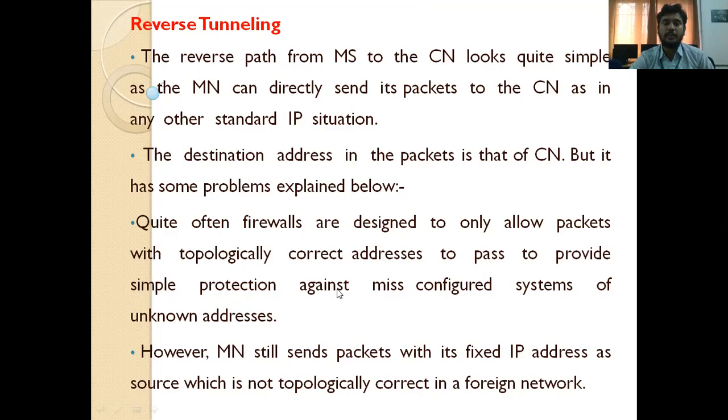When the mobile node directly sends to the correspondent node, communication is established and the destination address is the correspondent node. Quite often firewalls are designed to only allow packets with the topologically correct address to pass, to provide a simple protection against misconfigured systems of unknown address. That is the first problem, firewall problems. The second one is that the mobile node still sends packets with its fixed IP address as source, which is not topologically correct in the foreign network.